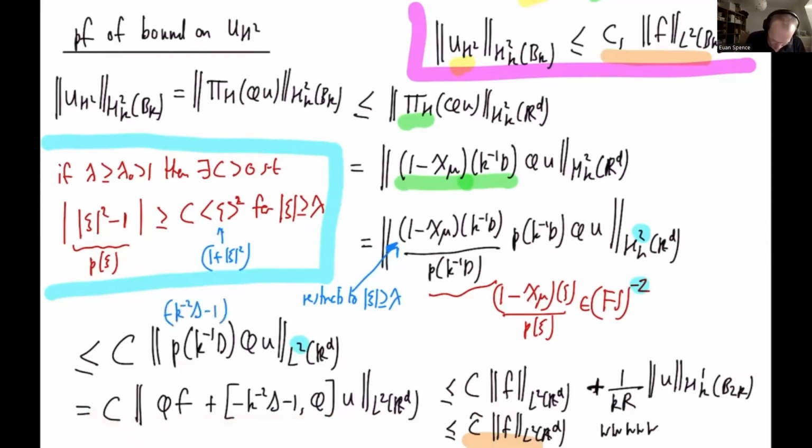I got the Helmholtz operator acting on phi u, and so that's minus k squared Laplacian minus 1 acting on phi u. This is phi times minus k squared minus k to the minus 2 Laplacian minus 1 u, plus then the commutator. Okay.